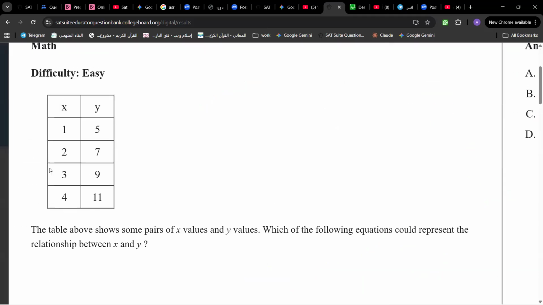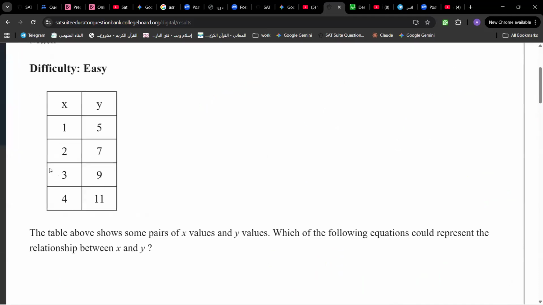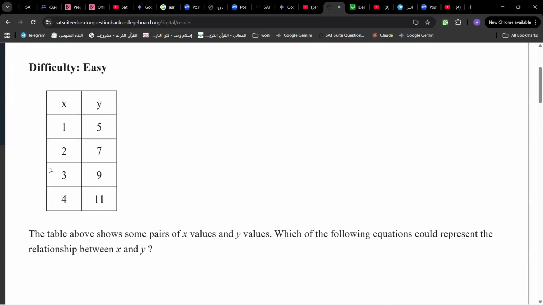The table above shows some pairs of x and y values which could represent the relationship. Okay. Same question, we'll find the slope and y-intercept. This is the last question we'll solve. 7 minus 5 over 2 minus 1 is 2 over 1. So 2x plus b, where 2 is the slope. Let's now find the y-intercept, or b.